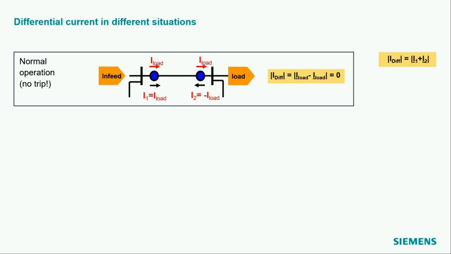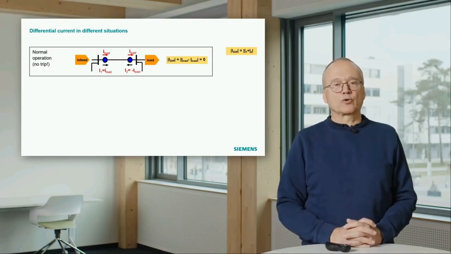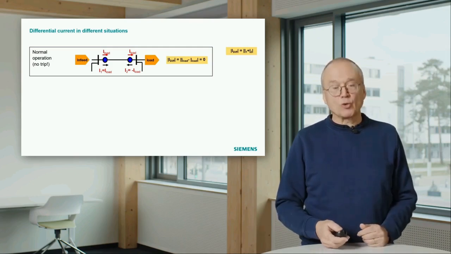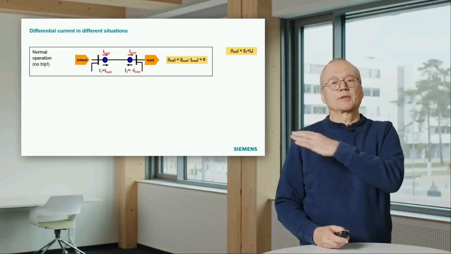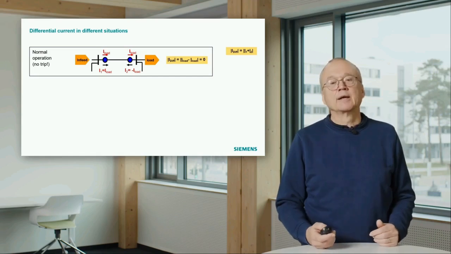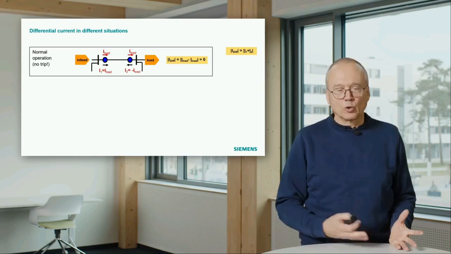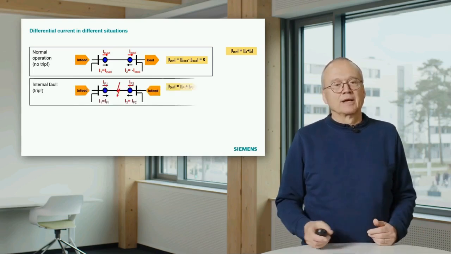In normal operation we have a load current flowing through our line or our cable, and both current transformers measure the same current. On one side it flows into the line and on the other side it flows out of the line. So the differential current is load current minus load current, which is 0.